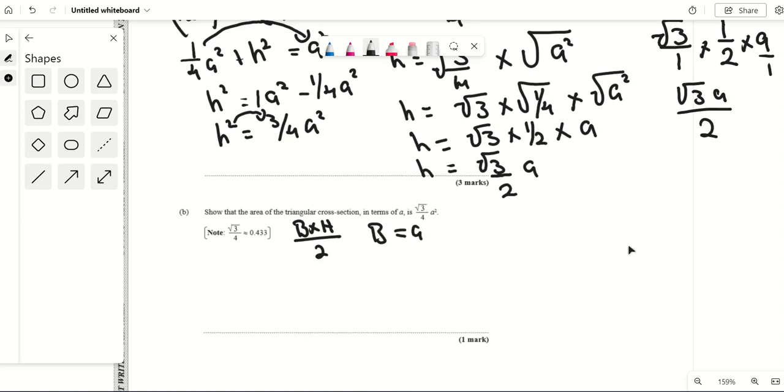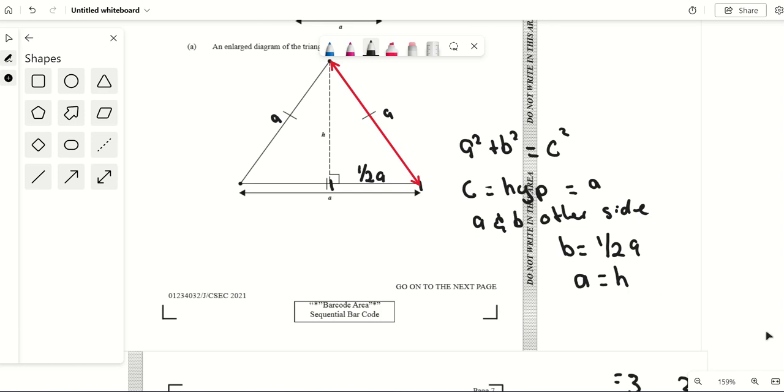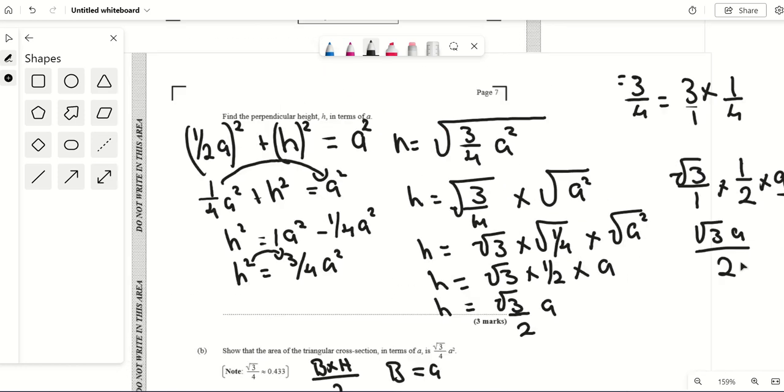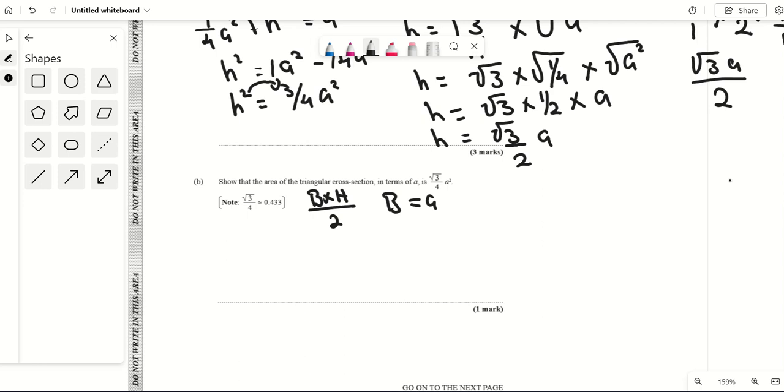If we go back to your equilateral triangle, your base is a and your height is what we found there. So it is a multiplied by height, which is root 3 over 2 by a, and this is all divided by 2.